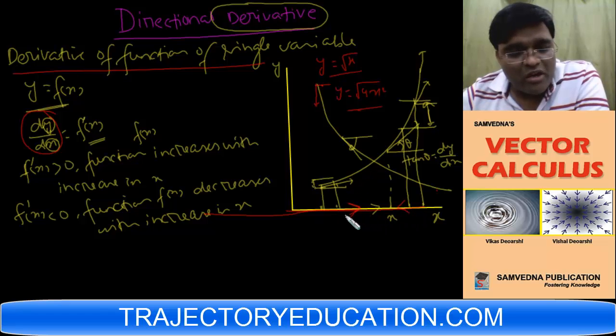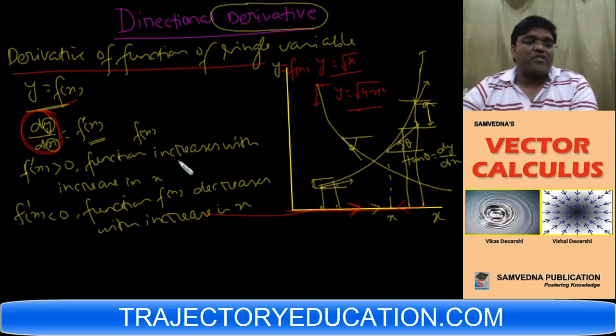When you move along positive or negative x, this quantity gives you an idea of the rate at which f(x), plotted on the y-axis, increases or decreases. There is only one choice: we can move only along x, either towards positive x or negative x.